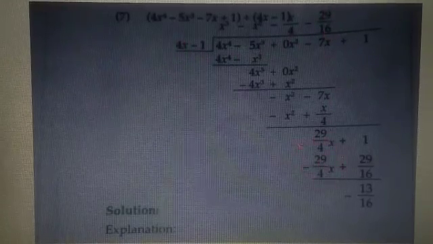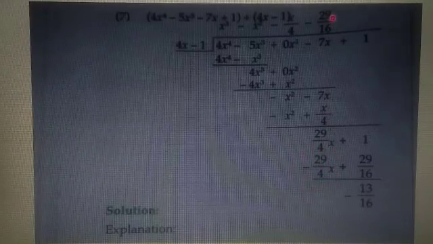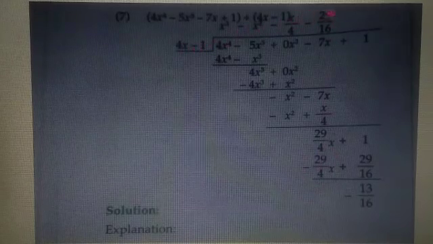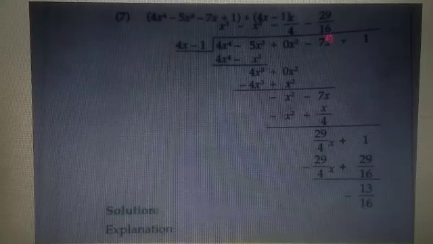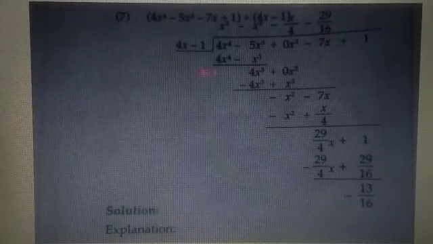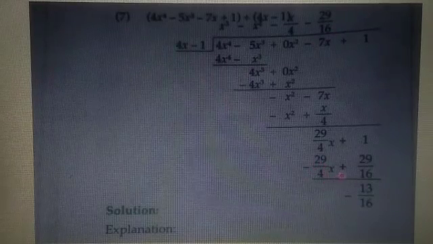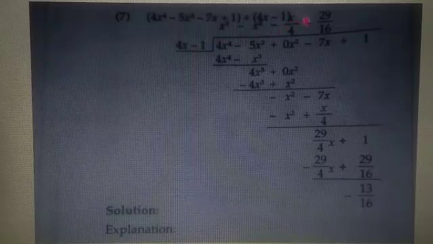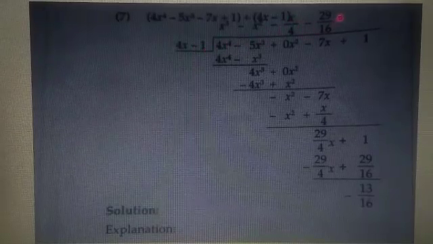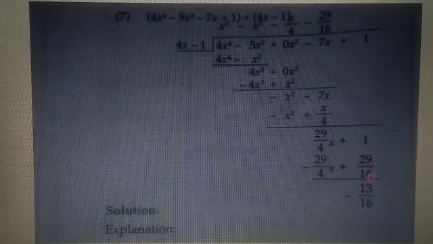So we want minus 29 upon 4. So multiply 4x minus 1 by minus 29 upon 16. Then what do we get? This 4 and 4 get cancelled and we get minus 29 upon 4 into x. Then this minus sign and this minus sign get plus. So 29 upon 16 is multiplied with 1 to get 29 upon 16.